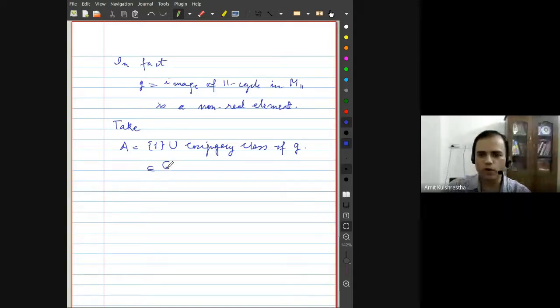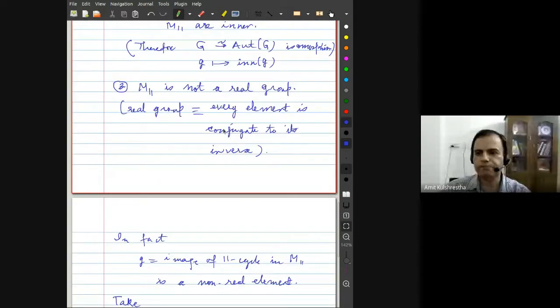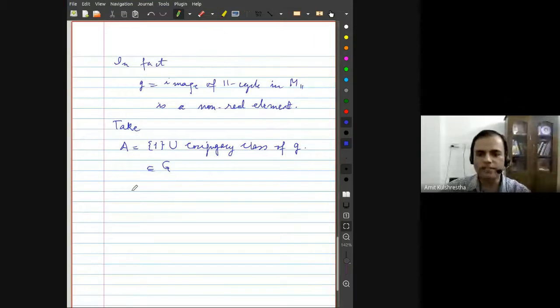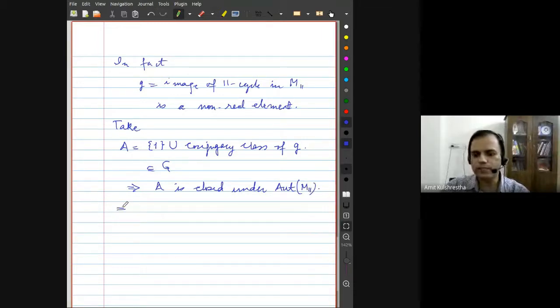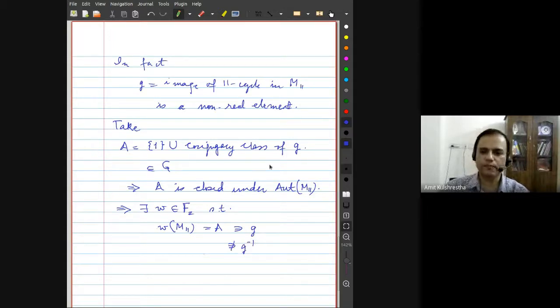So of course, this is a subset of G. And because all automorphisms are inner, that's one of the properties of M11, what we have is that A is closed under automorphisms of G, and it's a simple group also. And we can see explicitly the two-generating set, one of them. Therefore, by Leibovitz's theorem, there exists one word such that the image is equal to A, and this image contains g, but it does not contain g inverse, right?